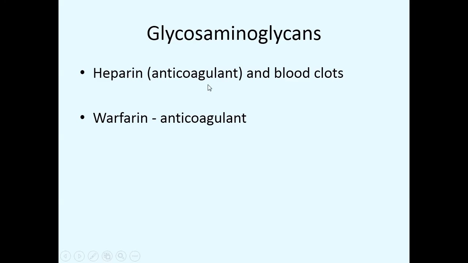Both clotting factors and anticoagulants are present in blood. An equilibrium between these exists in blood and maintains blood in its physiological fluid form. Heparin prevents the formation of blood clots in the blood vessels.